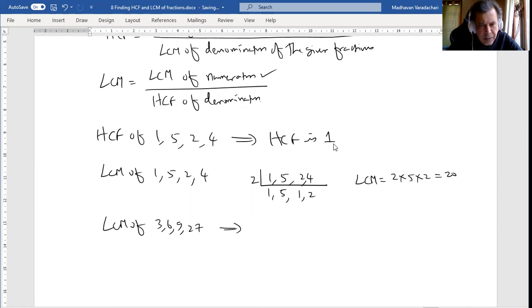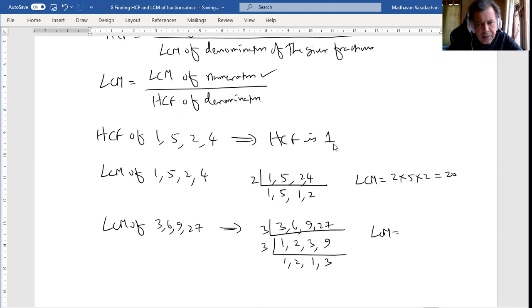We'll do the common division method. All are divisible by 3. Now 3. That's all. So LCM for this is 3 into 3 into 2 into 3. 9 2s are 18. 18 into 3, 54.